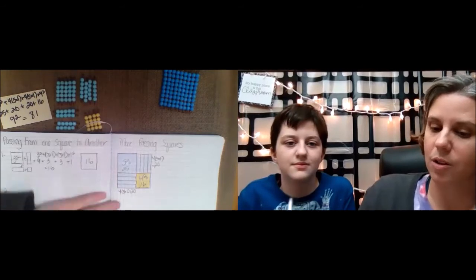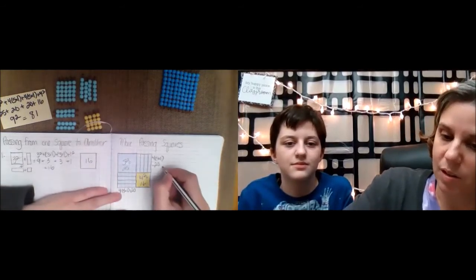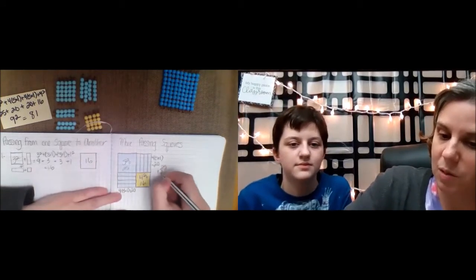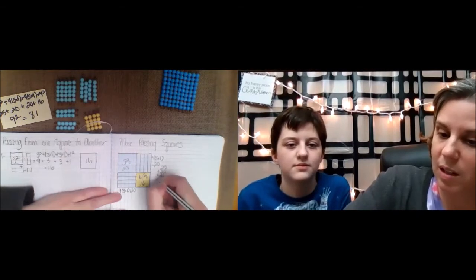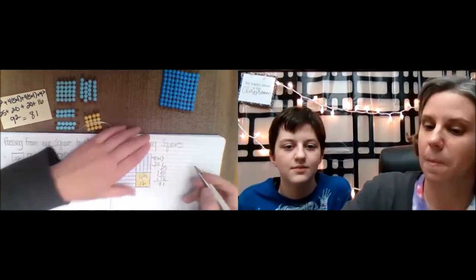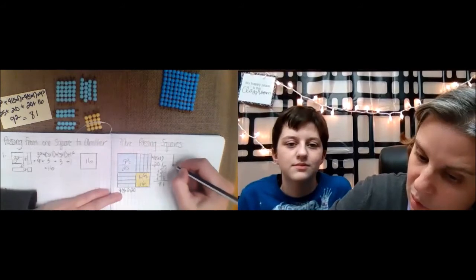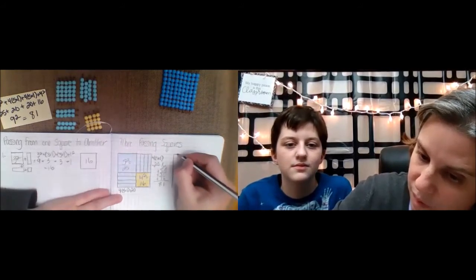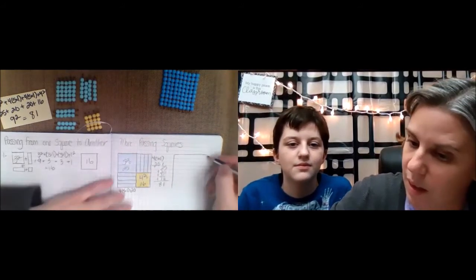So I can just add all of those pieces up. 25 plus 20 plus 20 plus 16. 5 plus 6 is 11. 2, 4, 6, 7, 81. And that is equal to the 9 square.